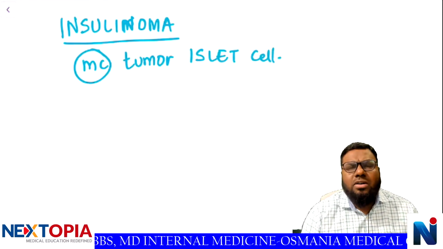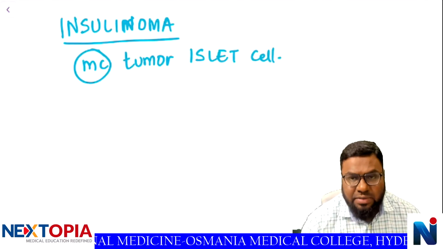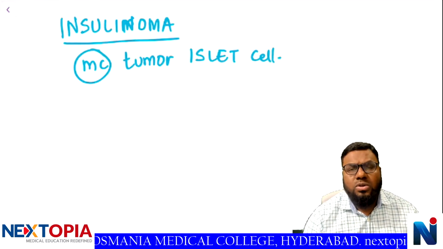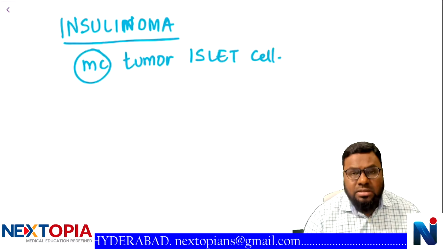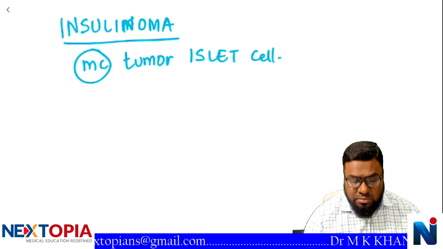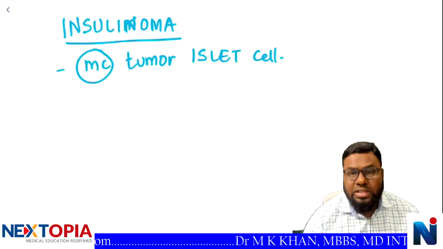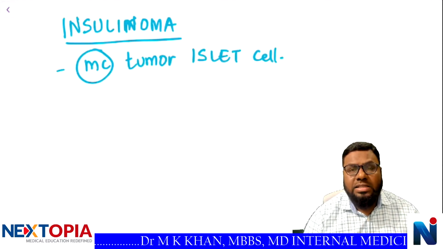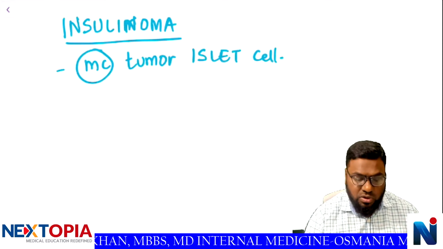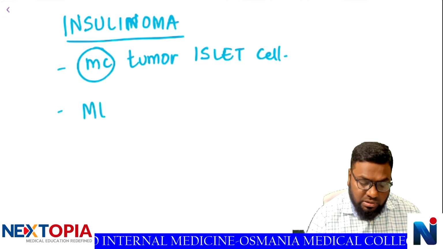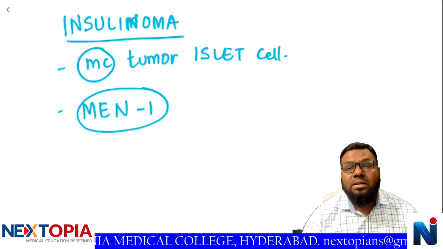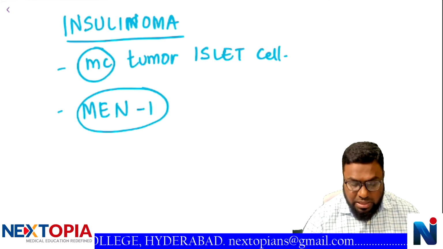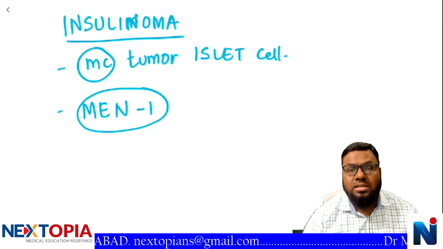Obviously the islet beta cells are very high in number, so this is the most common tumor within the pancreas. These tumors will have increased secretion of insulin. They are associated with multiple endocrine neoplasia 1, MEN 1. I already discussed multiple endocrine neoplasia in my last class.